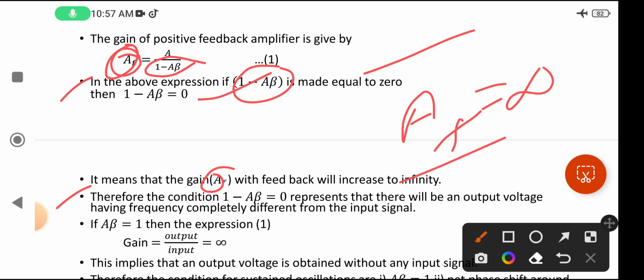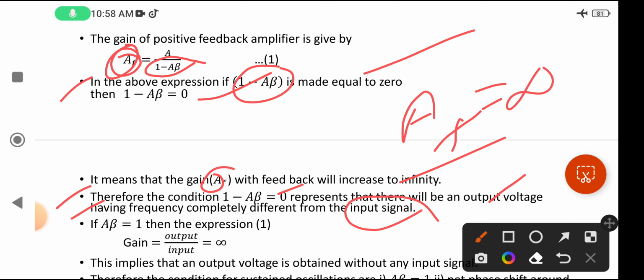Therefore, the condition 1 - Aβ = 0 represents that there will be an output voltage having a frequency completely different from the input signal.